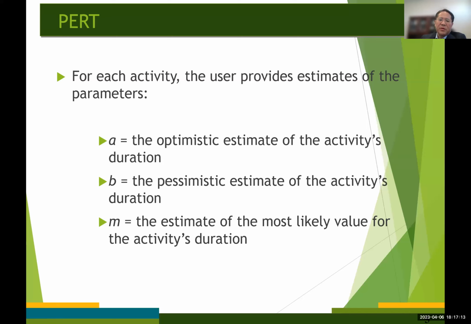And B stands for the estimate of the activity's duration under the least favorable conditions. And M stands for the estimate of the activity's duration under the normal condition. That's going to be the most likely value for the activity's duration, okay?